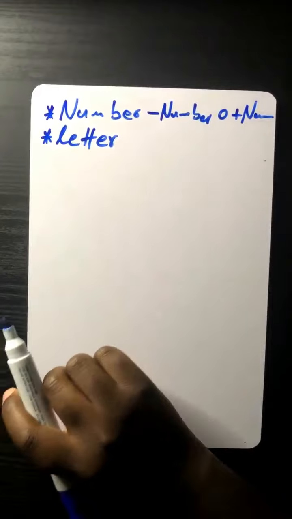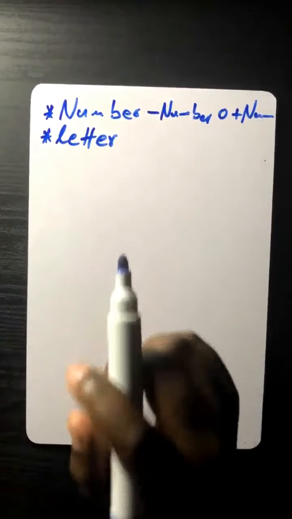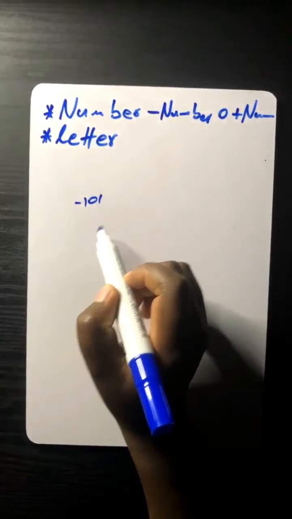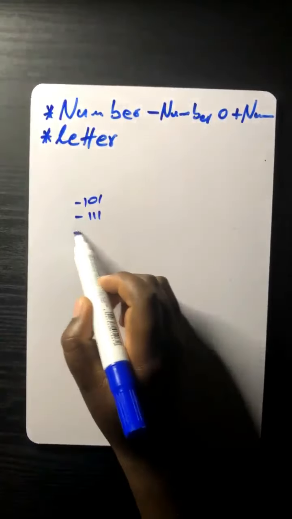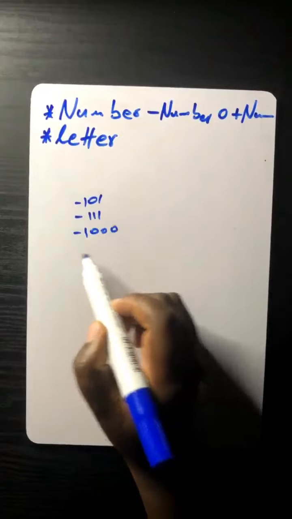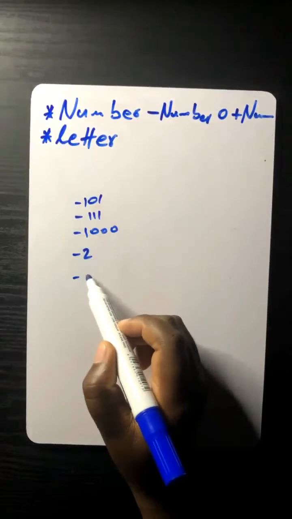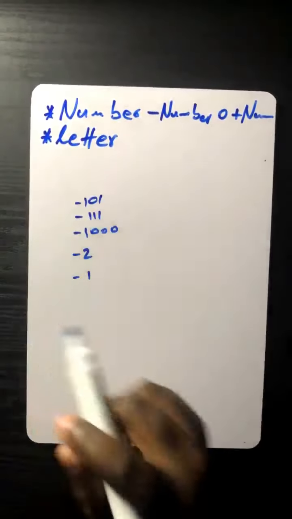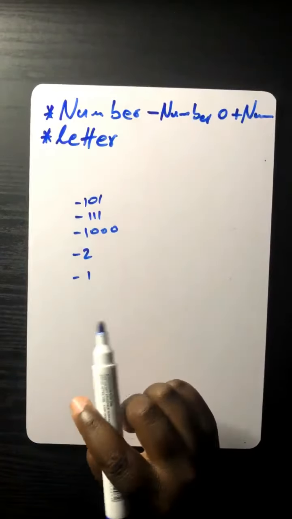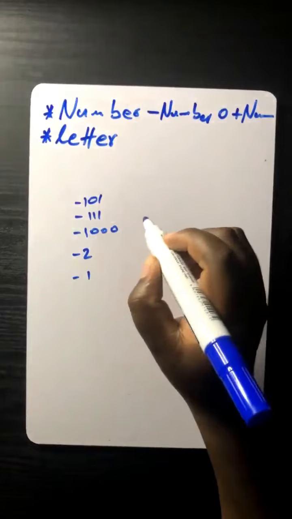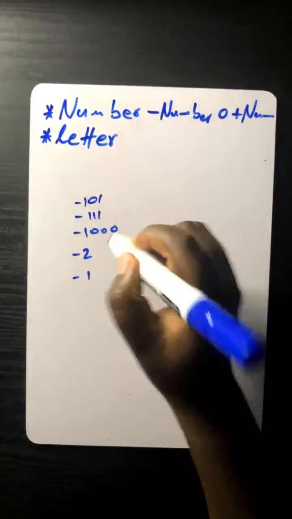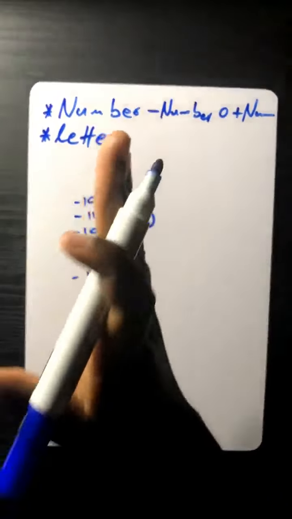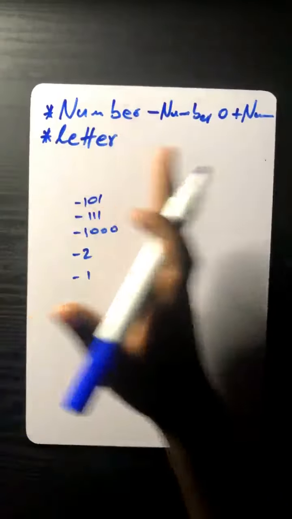So in this way, I'm just generalizing to say in mathematics, you might be dealing with numbers like negative 101, negative 111, negative 1,000, negative 2, negative 1, or any number which is a negative number. That's number one. Number two, obviously, you've got negative numbers followed by 0. So 0 is in between negative numbers and positive numbers.